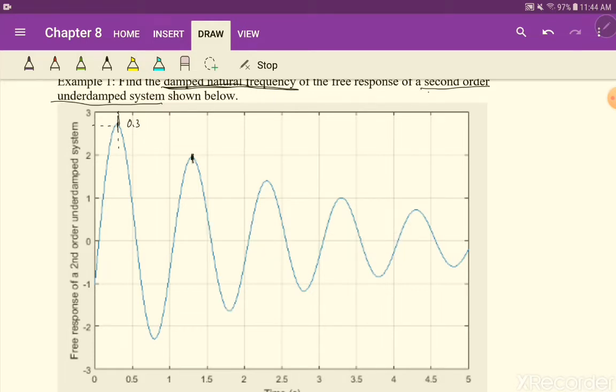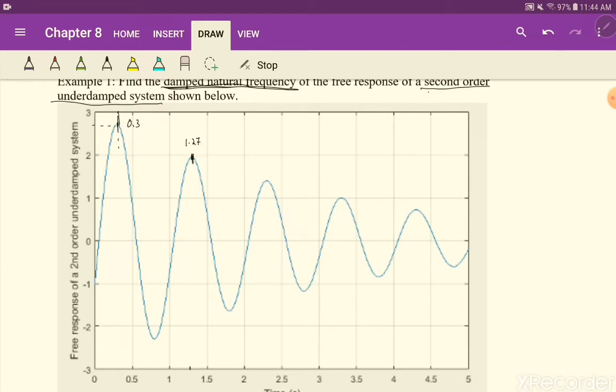And then here, it looks to be about 1.26. How about 1.27? I don't think it's quite 1.3.